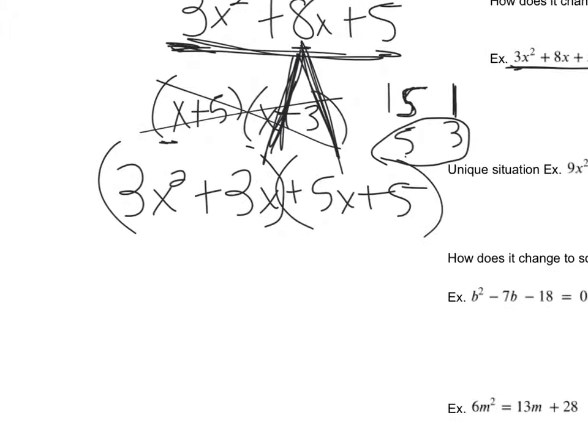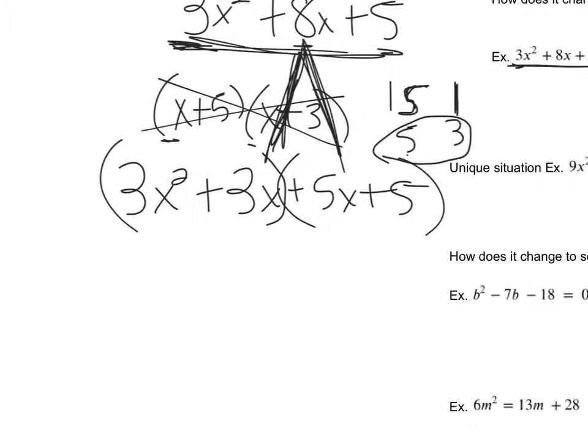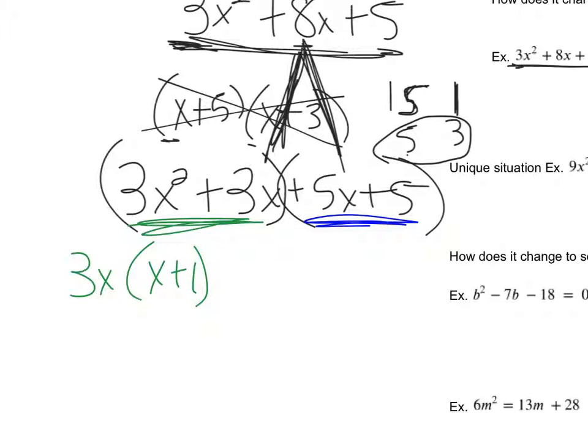So now I look at this and ask, what's in common here? Every one of these has a 3, and one of these has an x, so I'm left with x plus 1. Over here, what's in common? Both of those have a 5, so I'm left with x plus 1.